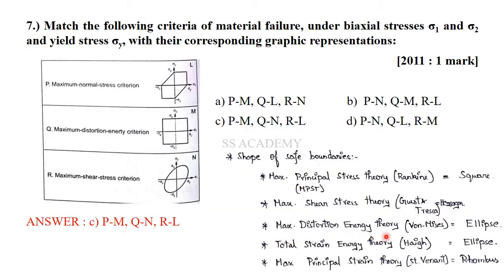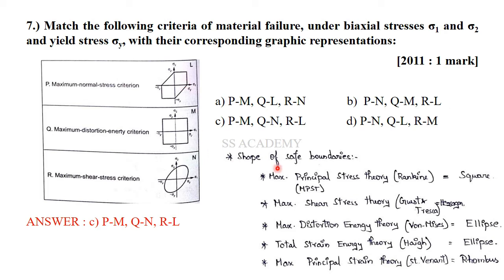For maximum distortion energy theory or maximum shear strain energy theory developed by von Mises, it is an ellipse. And for total strain energy theory developed by Haigh, it is an ellipse. And for maximum principal strain theory developed by Saint Venant, it is a rhombus. From this you can understand that for the maximum normal stress criterion it is M, for the maximum distortion energy criterion it is an ellipse, and for the maximum shear stress criterion it is a hexagon.